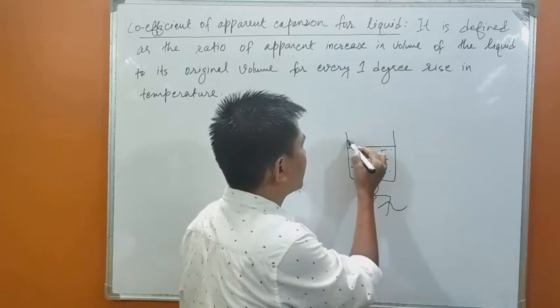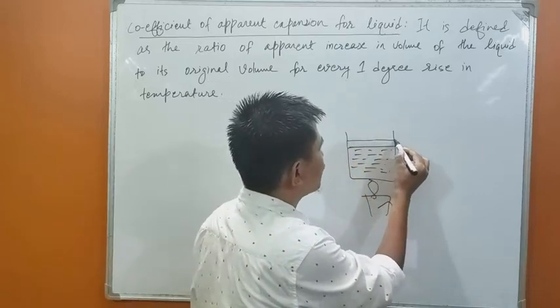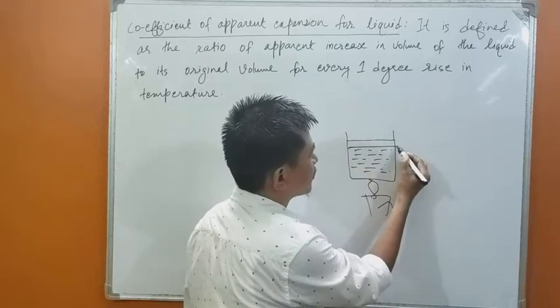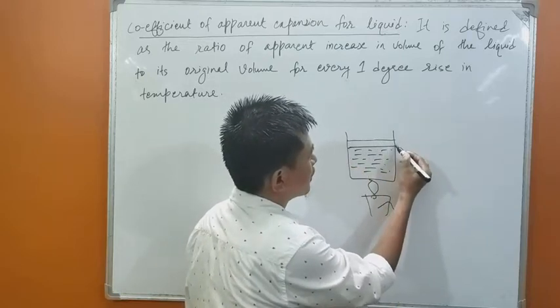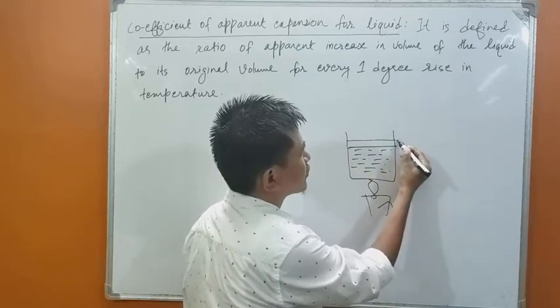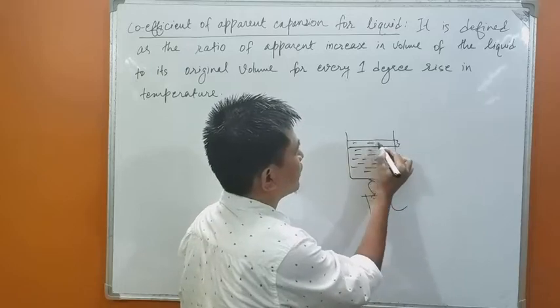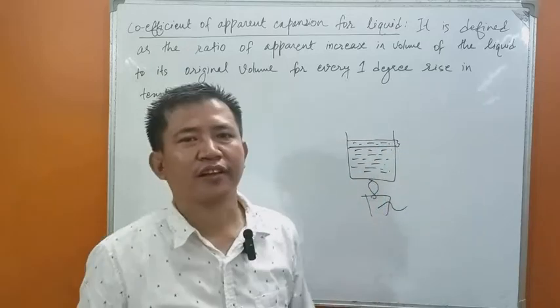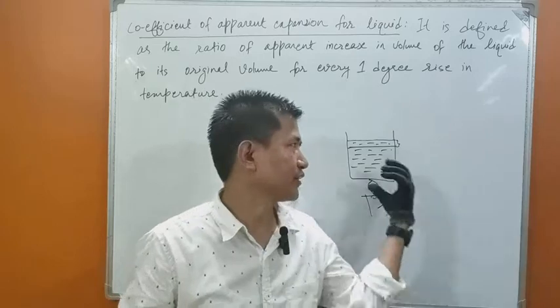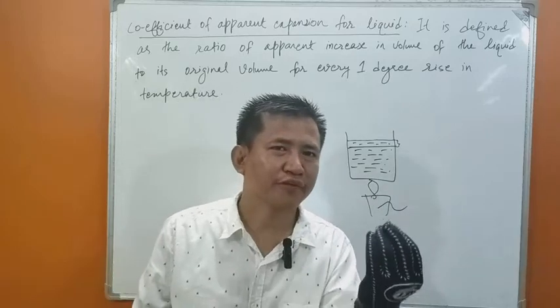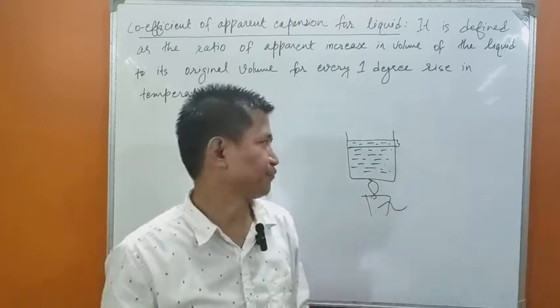Suppose this is the new volume. Originally the volume was up to here, and now the level of the liquid has increased this much, and this is the new level. You can see in this figure the volume of the liquid has increased.